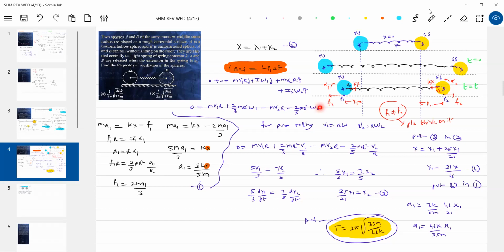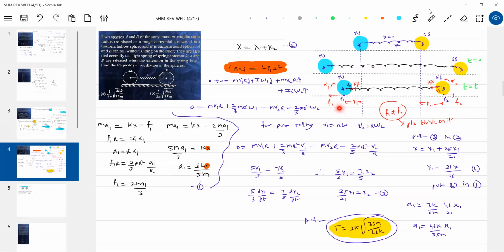In that case, you can write m1 x1 equal to m2 x2. No need of this. Straight away m1 x1 equal to m2 x2, you'll get a relationship between m1 and m2. From that you'll get the x1 x2 relationship and you can solve it. Got the idea? They may test you with this, just be careful.